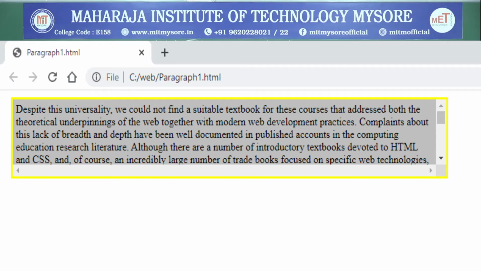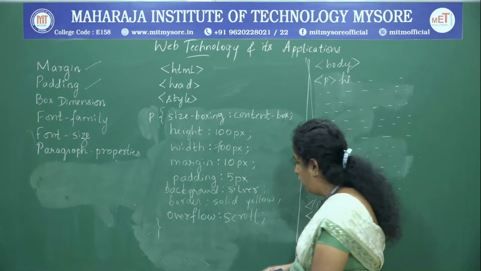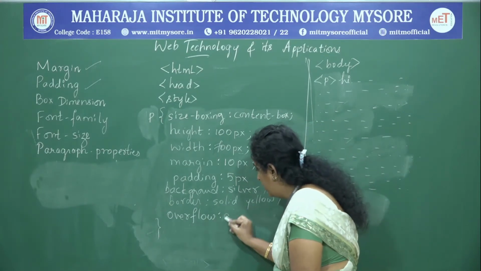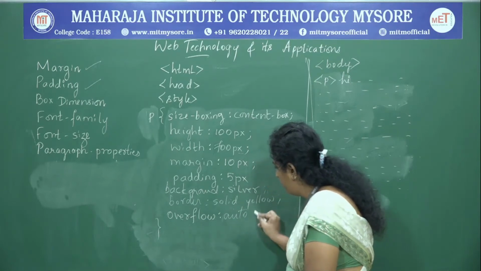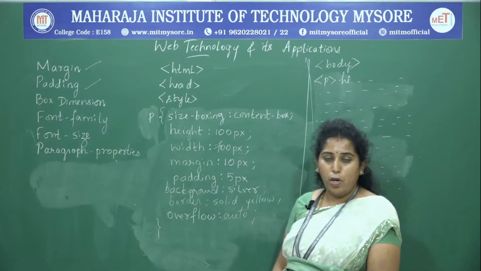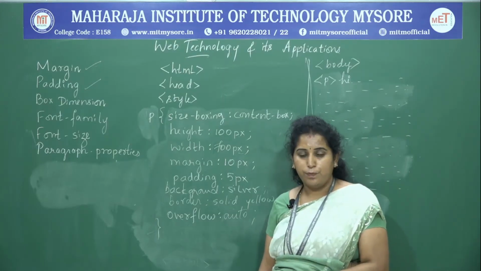You can scroll top and down, and left and right, to look into the text. So this is about scroll. Likewise, there is one more value called auto, which is similar to scroll only. Okay, so this is all about box dimension.